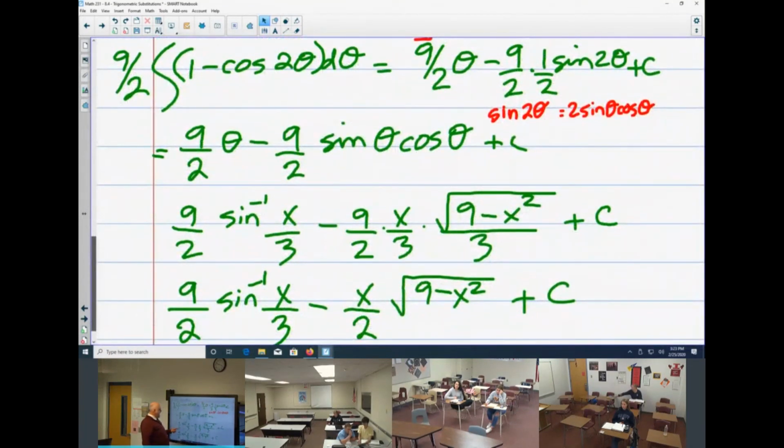So we have 9/2 times the inverse sine of x over 3 minus 9/2 of, okay, sine theta was x over 3, cosine theta is the radical over 3, plus c. And so now the 9 cancels out with both 3's, and so we end up with that as our final answer.